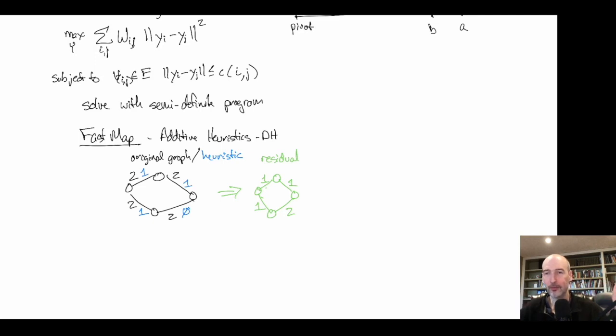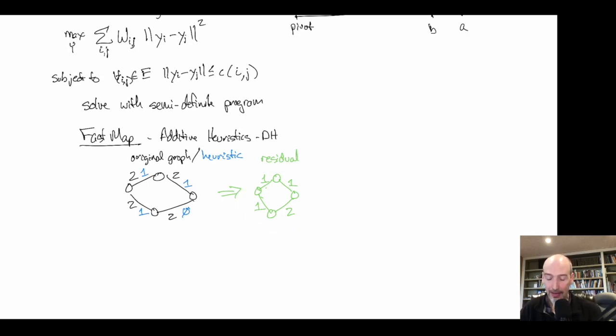And then we build another abstraction, and that abstraction captures distances that, if we think about the original state space with one additive heuristic subtracted from it, would be a residual that we could then abstract again to capture what is in the residual completely.